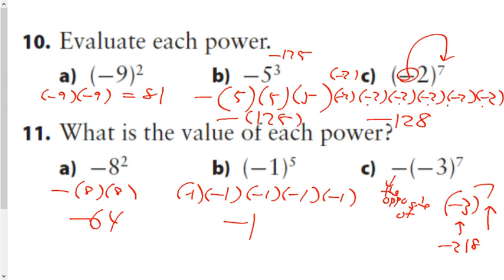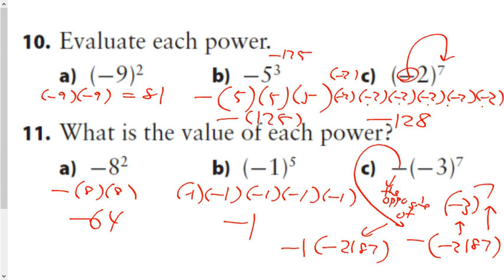So I'm going to put that in brackets because this one here now comes down, and I now read this as either the opposite of negative 2,187, or I can also think of it as that negative symbol as a negative 1 if I wanted to. But either way, the opposite of negative 2,187 is going to be a positive 2,187.